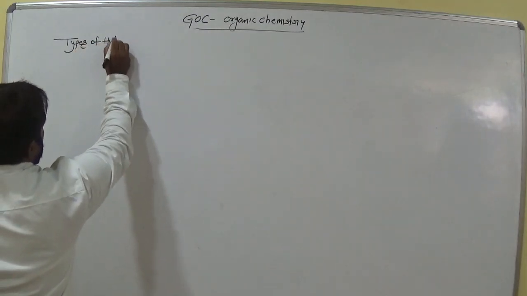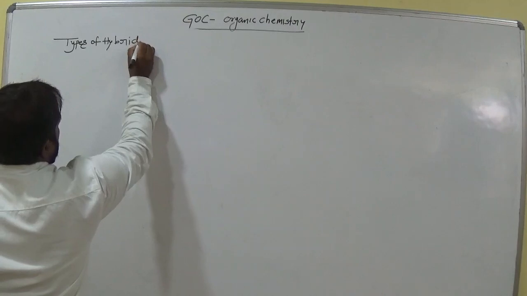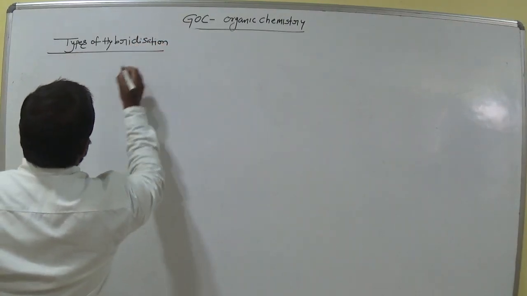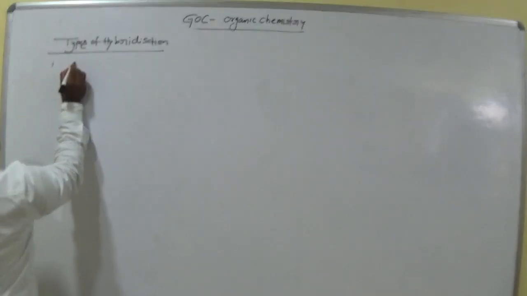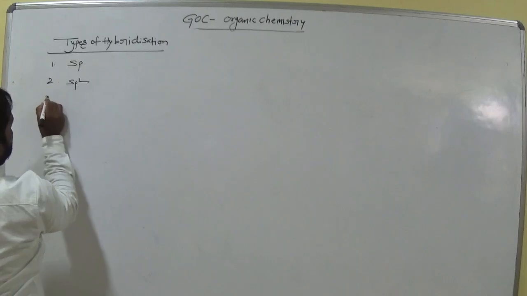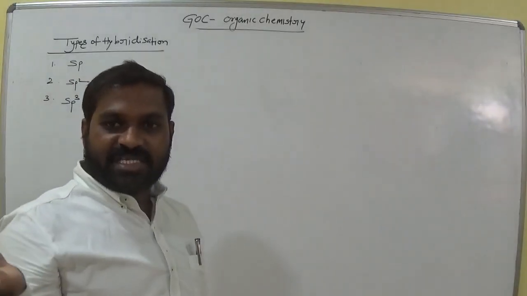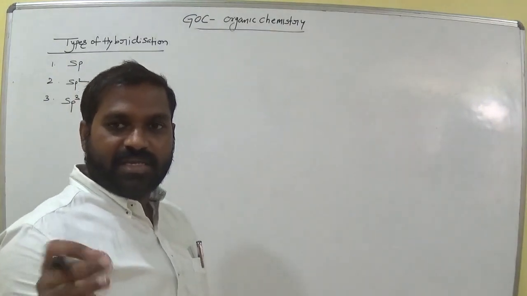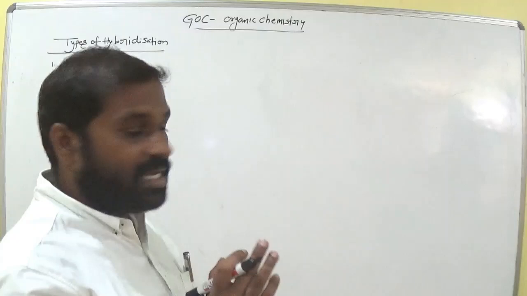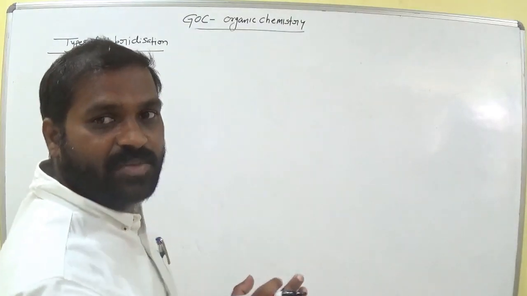The first one is sp hybridization, the second is sp2 hybridization, the third is sp3. Majorly we discuss these in organic chemistry. In inorganic chemistry, that means atomic structure, periodic classification, chemical bonding, some more hybridizations are possible with d orbitals also. In organic chemistry, mostly we discuss these three.